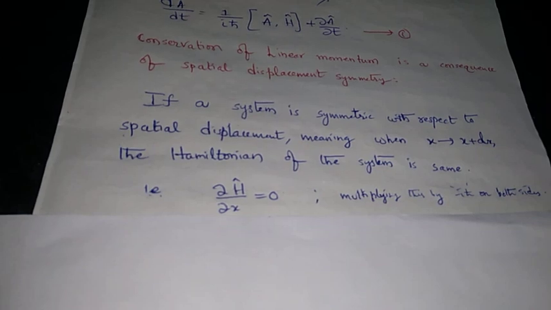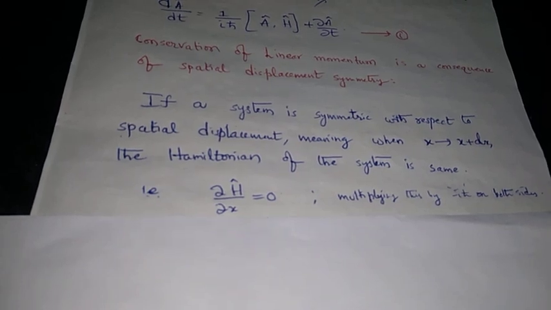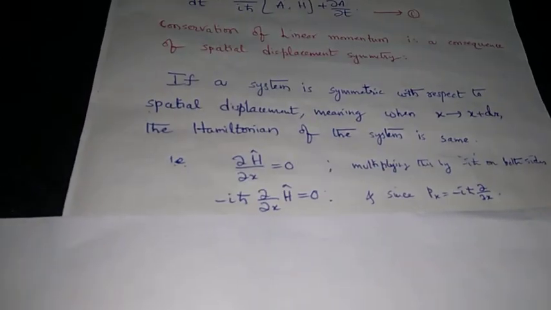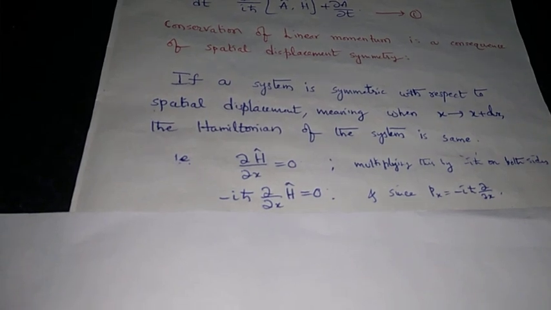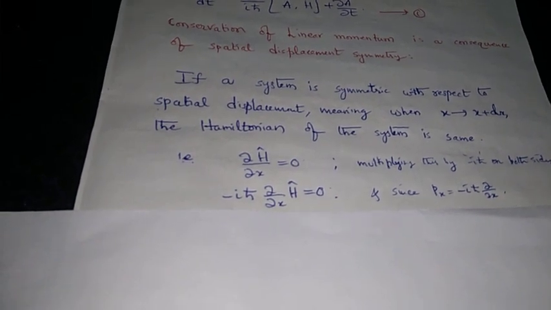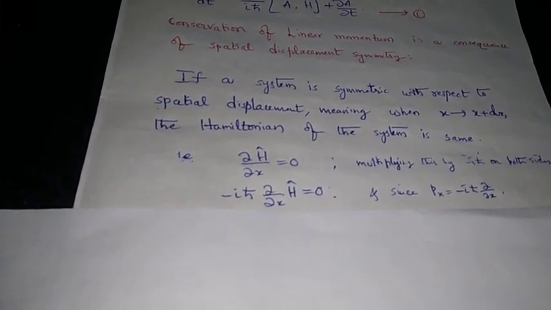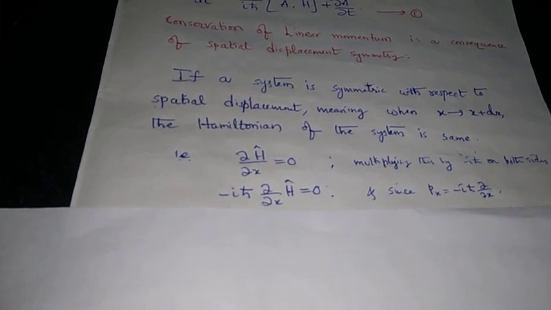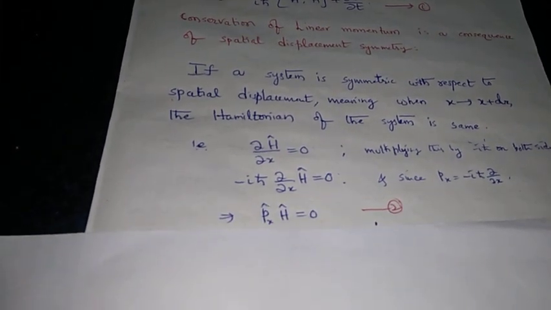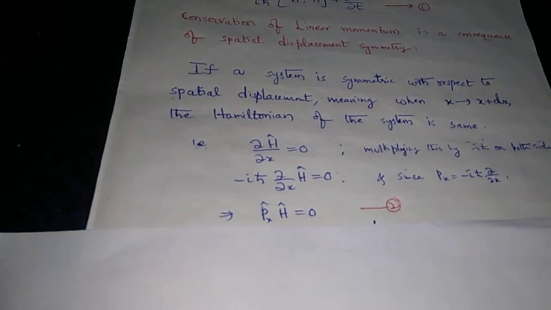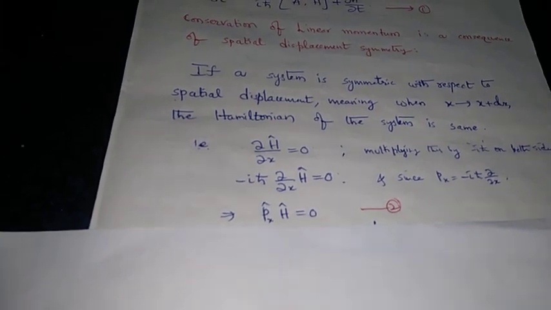If you multiply by minus iħ on both sides, we get minus iħ ∂/∂x of H equals 0, but px is defined as minus iħ ∂/∂x. So we can write px H equals 0 as equation number 2.